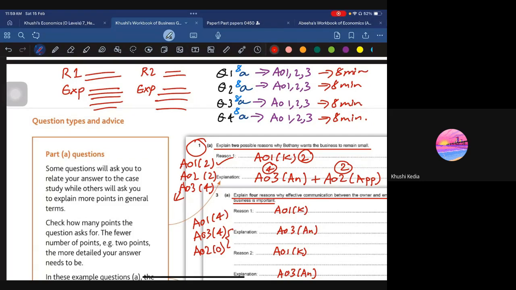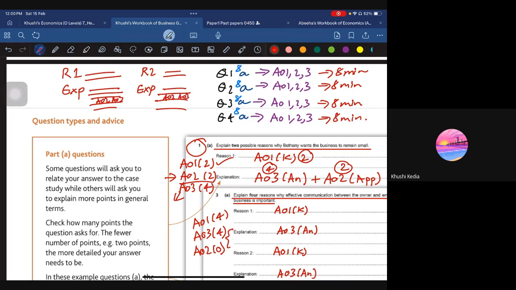Which means that they would probably be giving, let's say, 1 mark here for the AO2, but this is not the right way of doing the answer. It's a big explanation. Why wouldn't you add an application on both sides? You understand that? So here it should have AO2 and AO3, and here as well it should have AO2 and AO3.